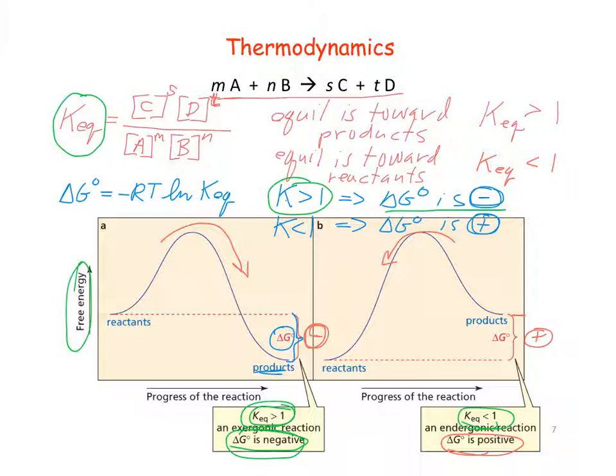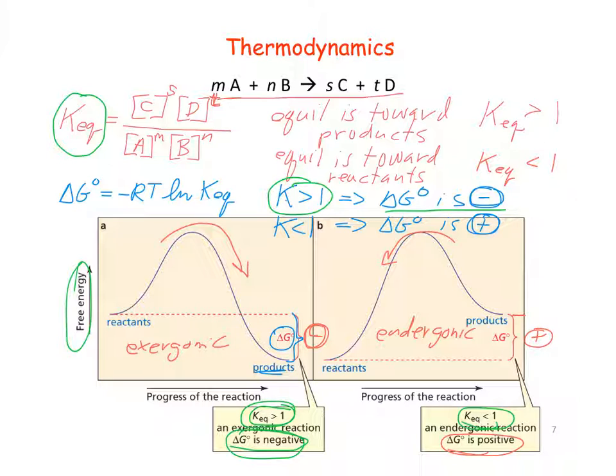All right, so what else about free energy? We could call this reaction, if it has a negative delta G, exergonic, meaning it's giving off energy. And if it has a positive delta G, we call it endergonic, meaning it's going uphill in energy.